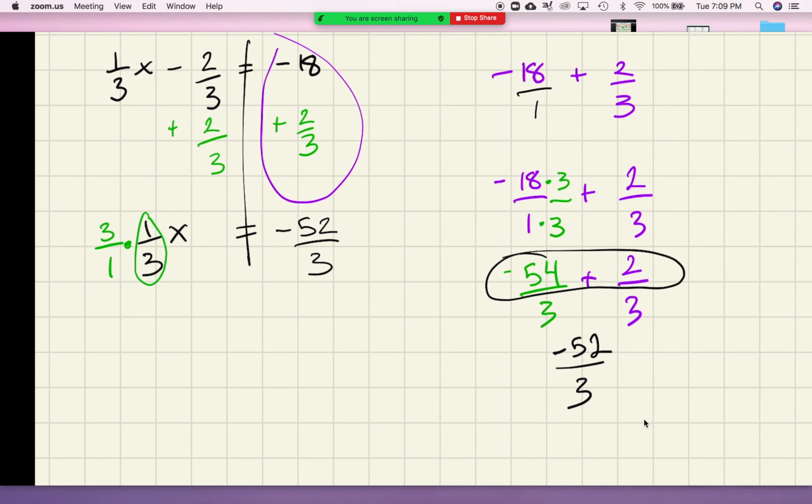So I flip it over and multiply, and I do that to the other side as well. I'm not flipping over this one because this one doesn't have the x. I'm only flipping this one over and then doing that to both sides.